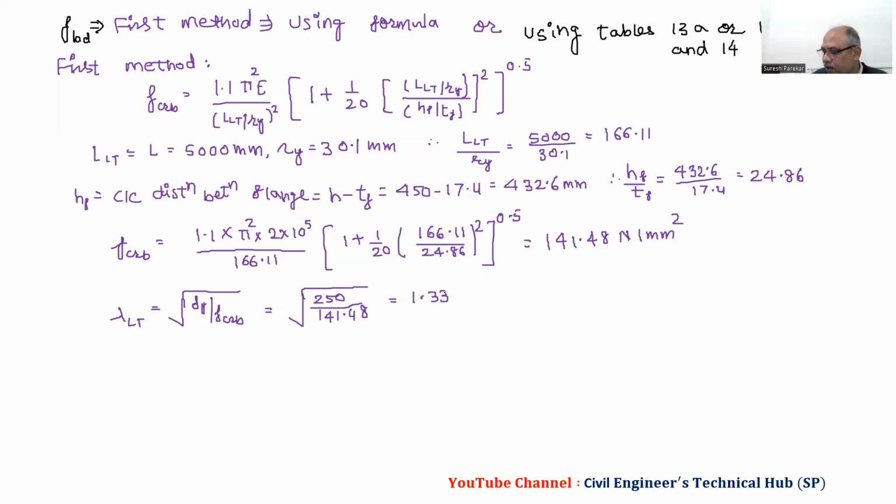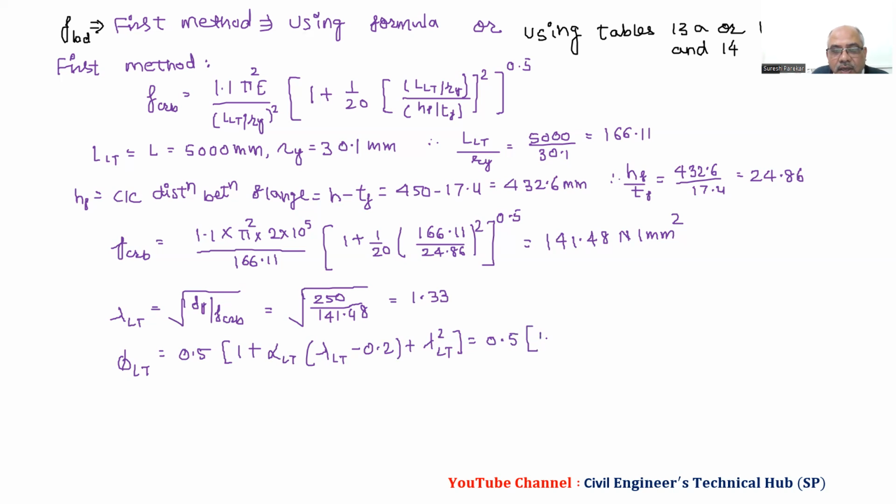Now knowing this value of lambda LT, we can find the value of phi LT, and we have phi LT is equal to 0.5 in bracket 1 plus alpha LT in bracket lambda LT minus 0.2 plus lambda LT square. And then we will substitute values in this.